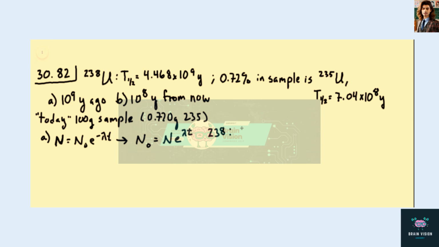So we get 115.94 grams of the 238, and 927 grams of the 235.